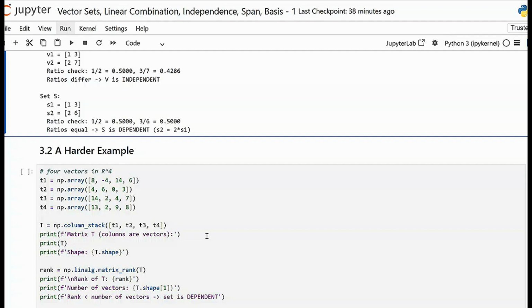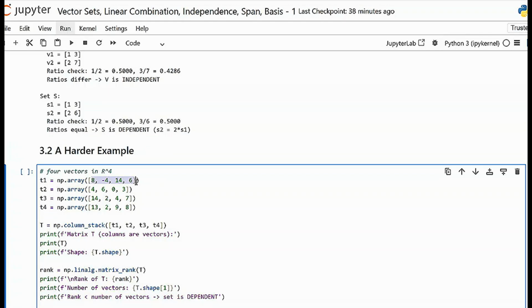Kindly observe, dear friends. This one is four-dimensional with four vectors, where independence is impossible to determine by visual inspection. The systematic approach uses matrix rank, but we can preview it here. Let me observe how the exact output comes.